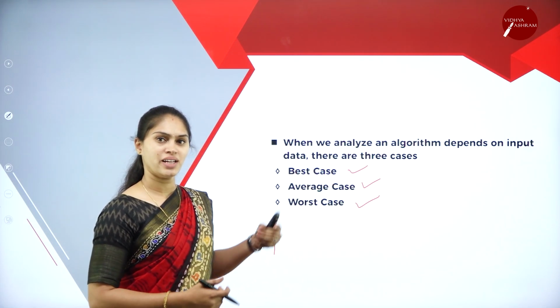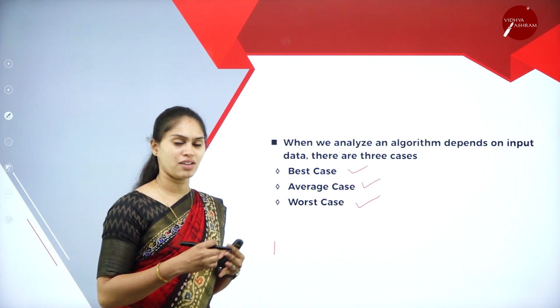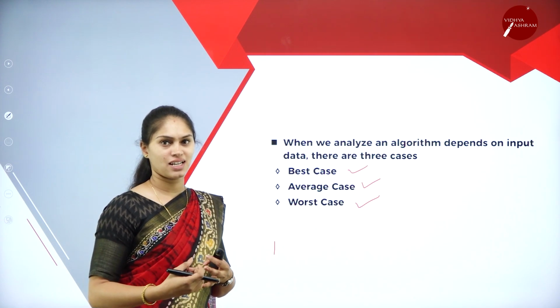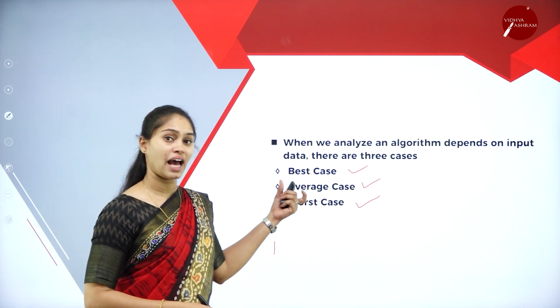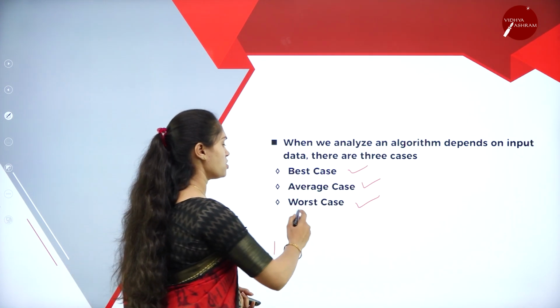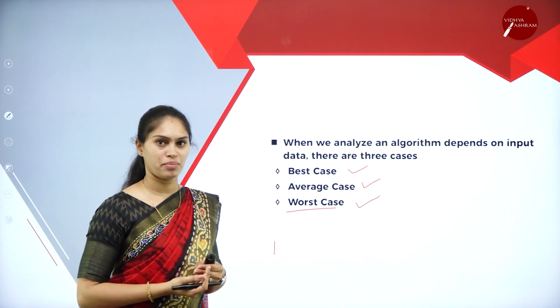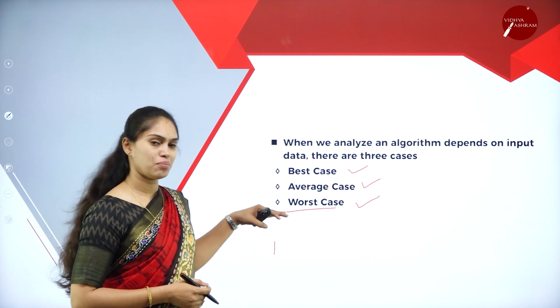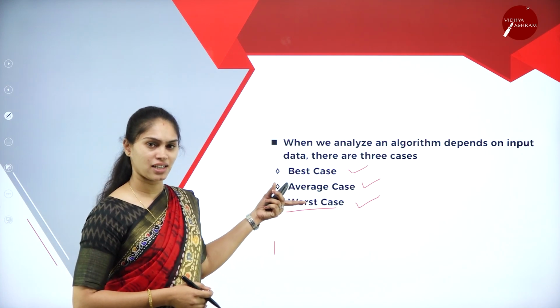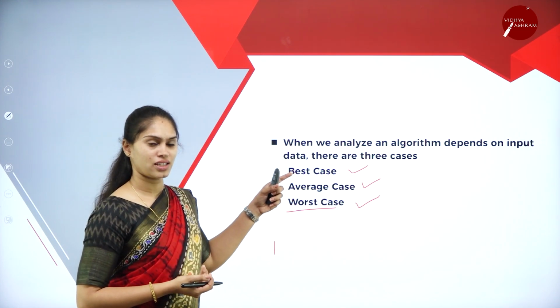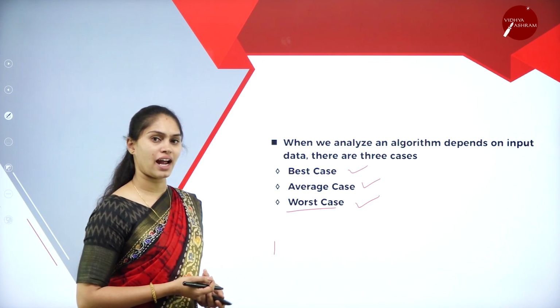If the algorithm works only averagely for my problem and gives a not so satisfying result, then we can call that the average case. When it comes to the worst case, it is not fit as a solution for the given problem. So these are the three parameters that we use to analyze the algorithm: best case, average case and worst case.